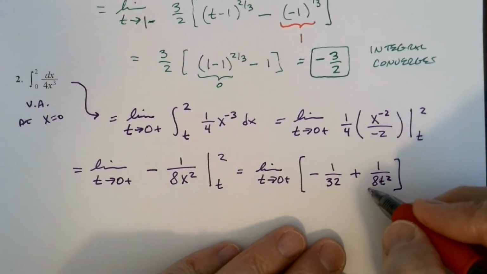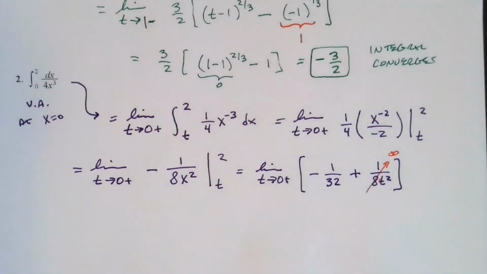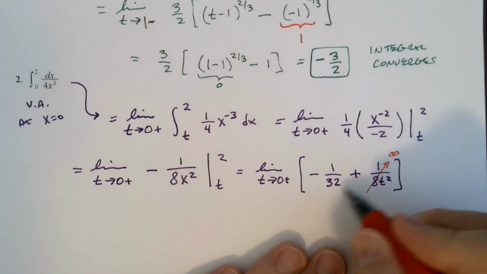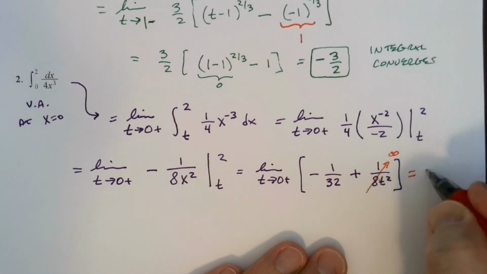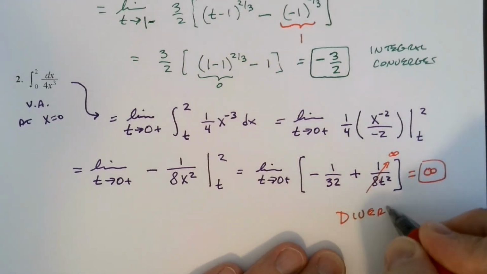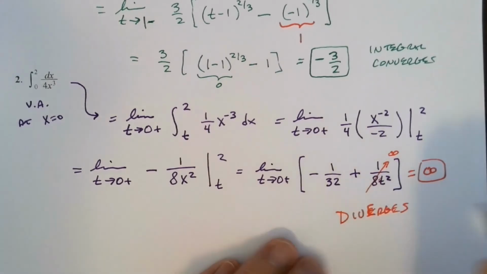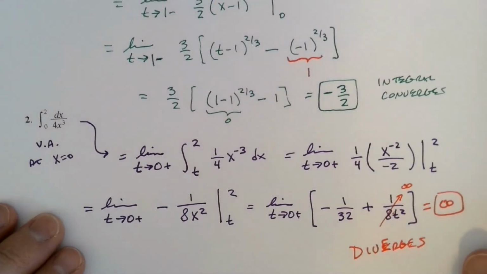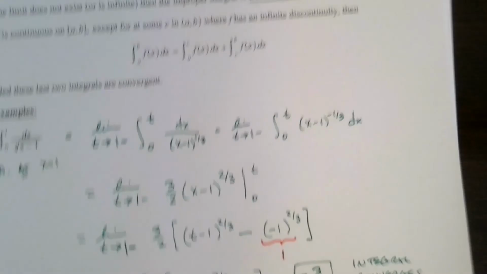It means this thing is going to infinity. And negative 1/32 plus something going to infinity is what? Infinity, right? And so this integral diverges. Okay. Look at a couple more examples.